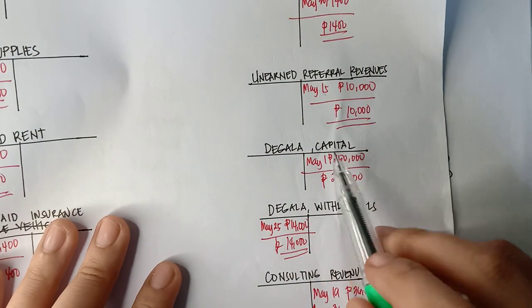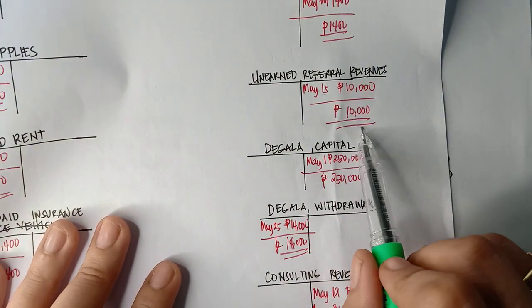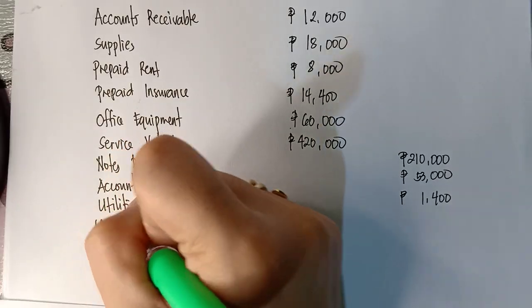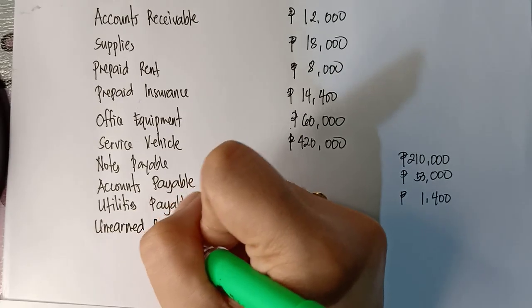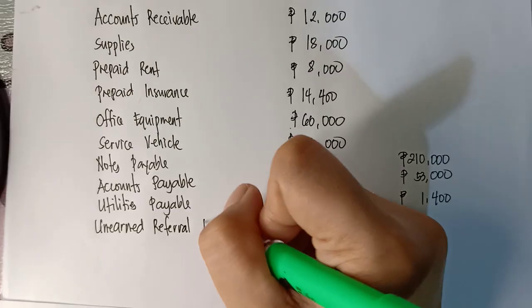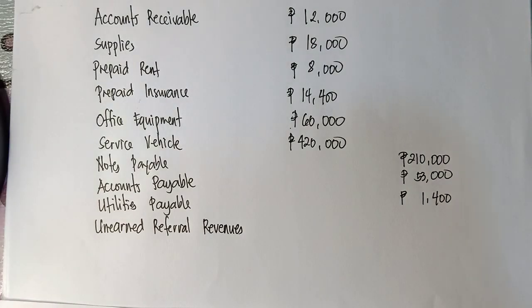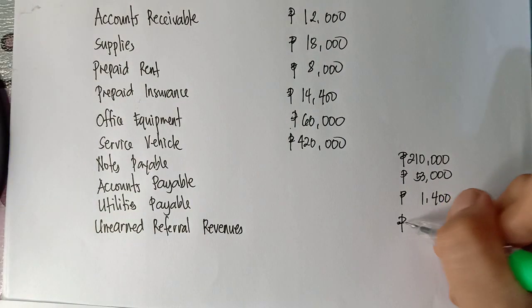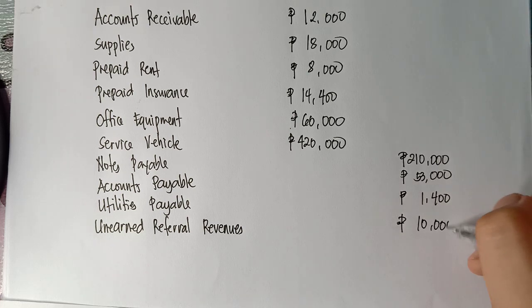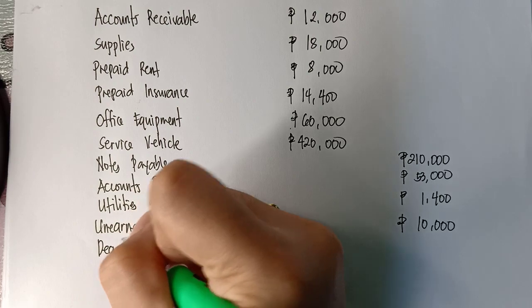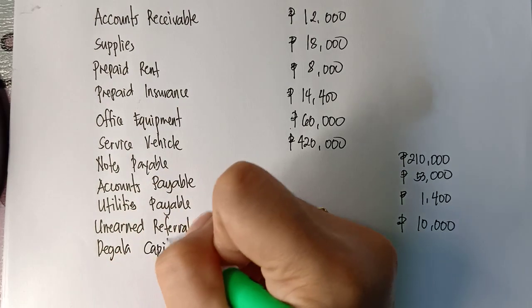Next is unearned referral revenues on the credit side again, for 10,000. Next is De Gala capital for 250,000, credit side.